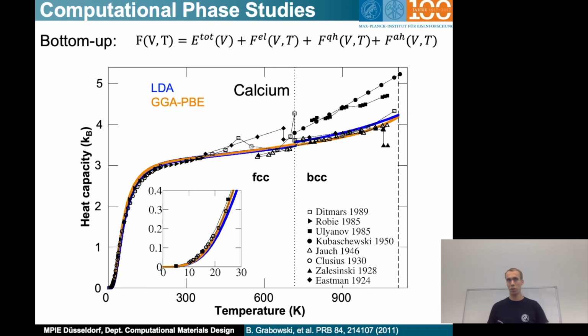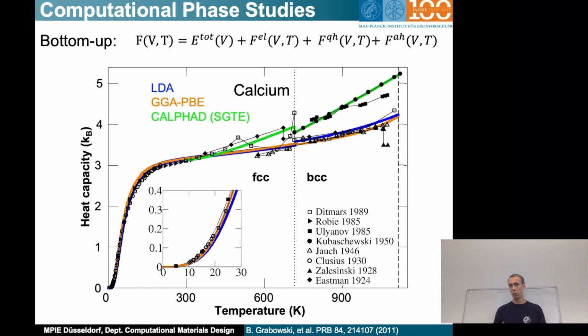And this is really important because there are databases, so CALPHAD is one of them, which try to store heat capacity information to allow people to fit and construct phase diagrams like the one we saw before. And previously, the CALPHAD database included the upper branch. So they basically just evaluate the existing experimental data and then have to decide which branch to trust.